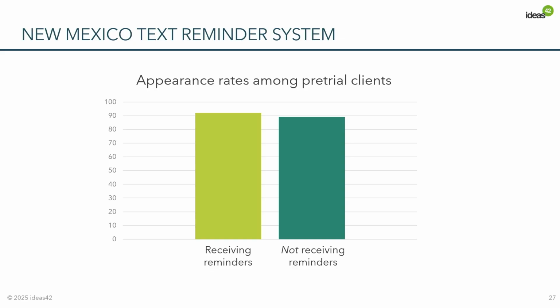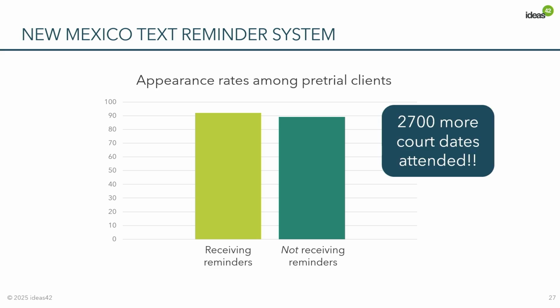But what does that mean? For those that received reminders, it's about 3 to 4%, but that's about 2,800 court dates. And what Ann told us is that court dates cost about $2,800. So it's about $8 million savings right there for the court, when our court contracts just a couple tens of thousands. So court hearing reminders: super effective, super high return on investment.